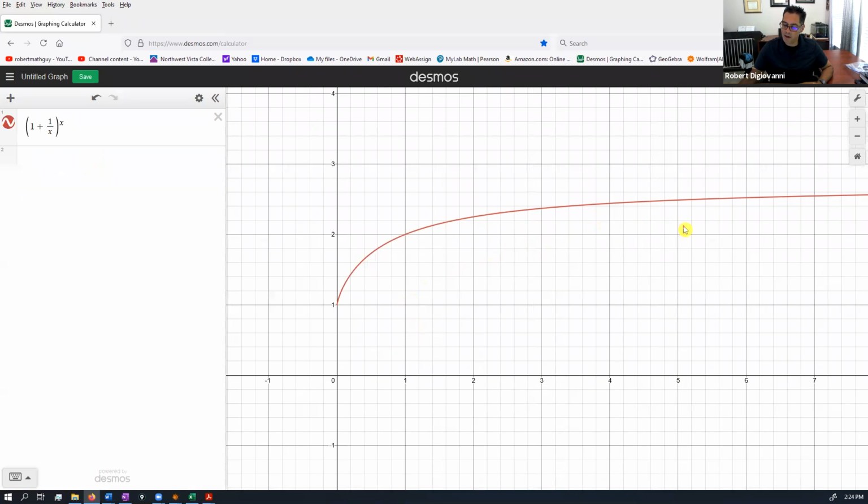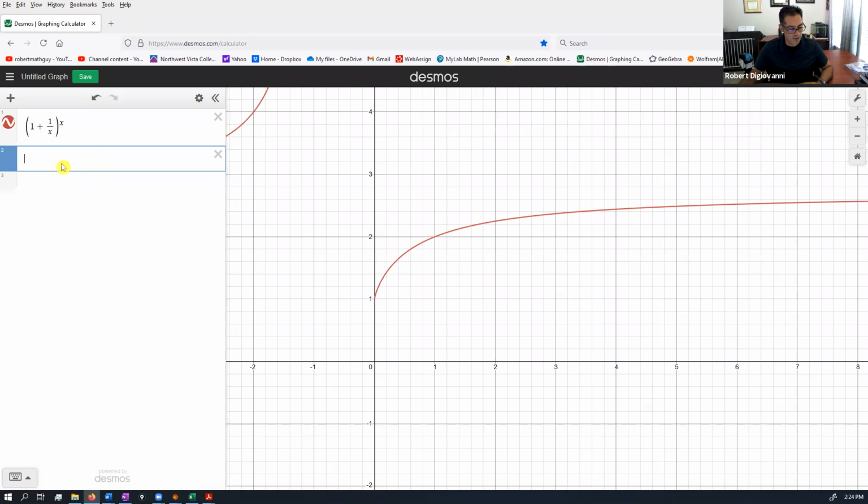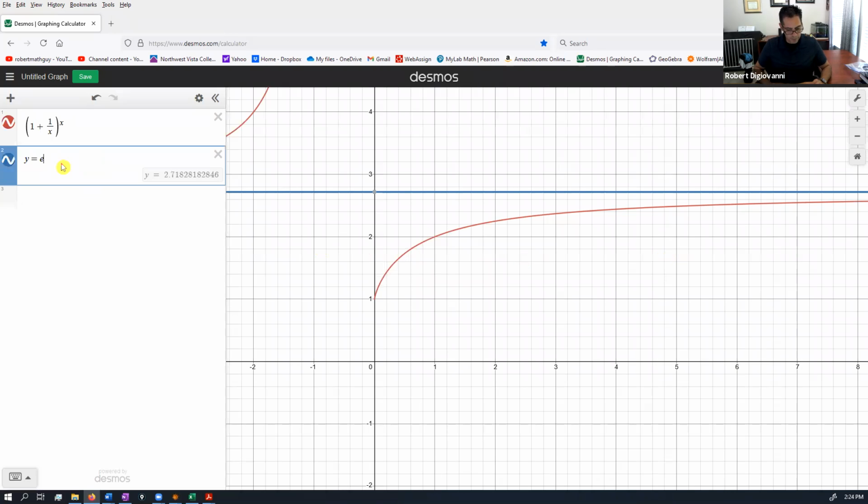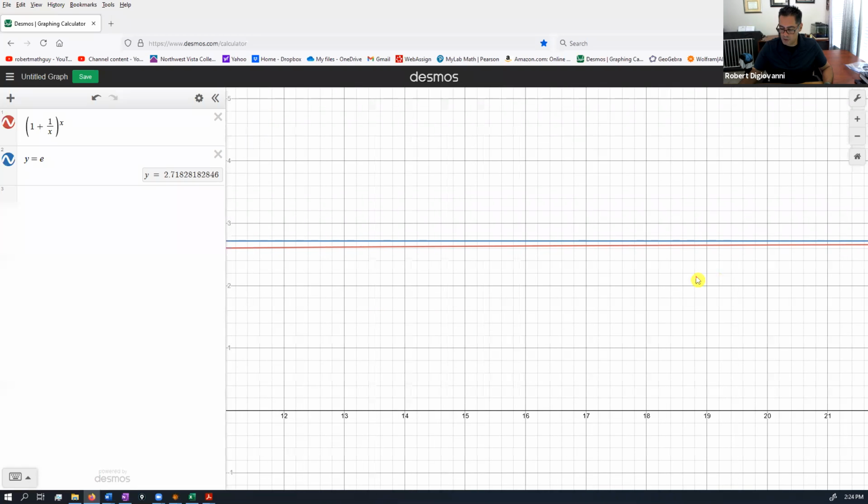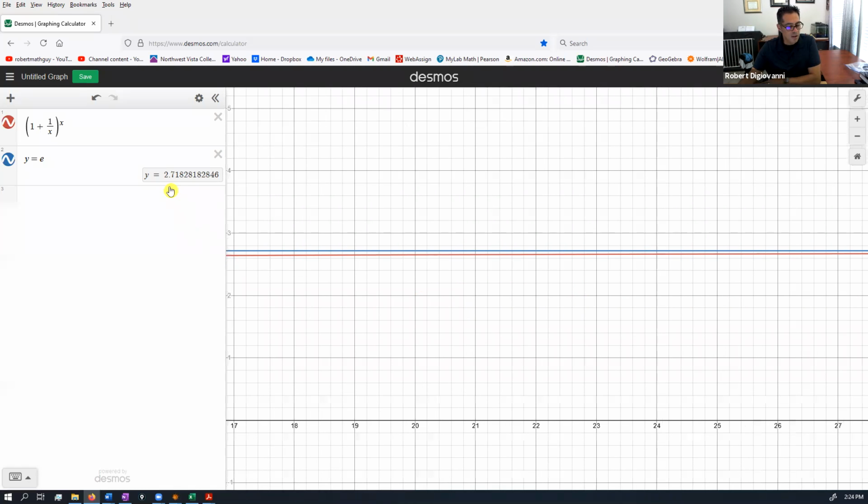As you go to the right, it actually has a horizontal asymptote. So as you go to the right, you get closer and closer to e. Now look at what the computer says. Computer says that e is 2.71828182846, right? That's what it says.